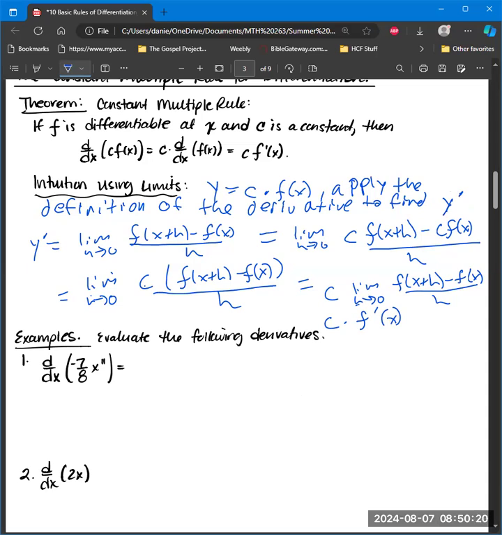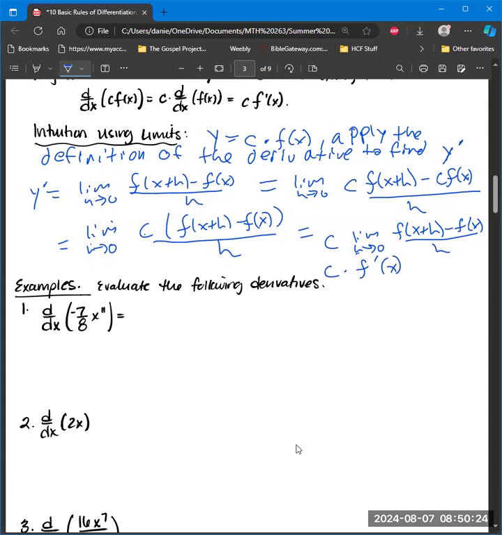All right, so this one here is going to be negative 7/8 times the derivative with respect to x of x to the 11th power. So negative 7/8 times 11 x to the 10th is going to be negative 77 over 8 x to the 10th.